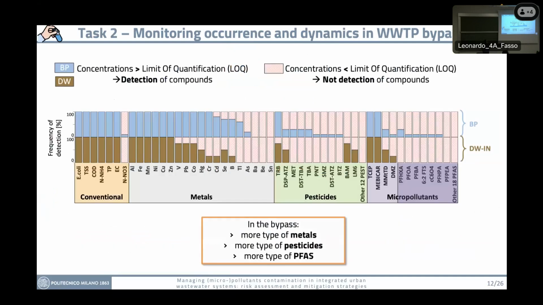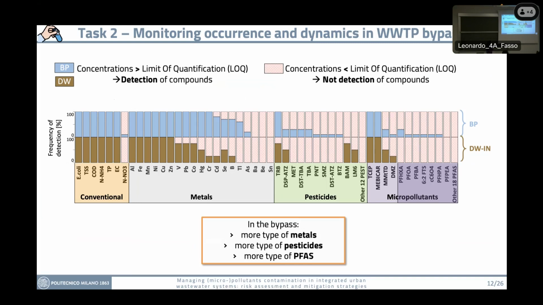So, if we look just at what was found above the limit of quantification, not at the concentration, but only at the frequency of detection, here you can find in blue the frequency of detection in wet weather in the bypass, and here the frequency of detection in dry weather.